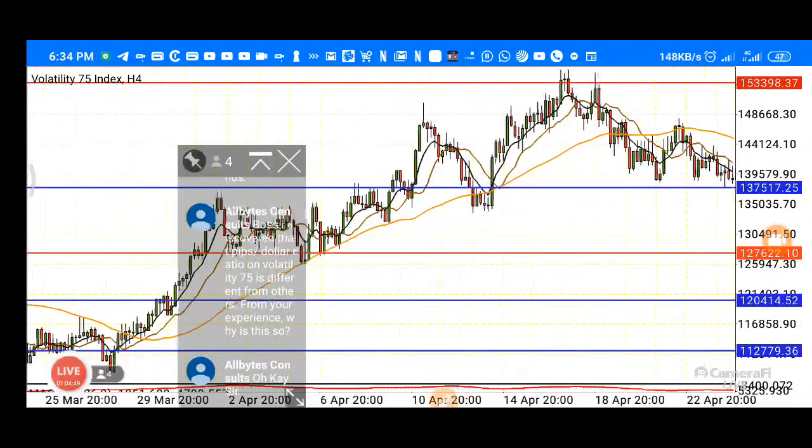Now this is a very good one. We had a test here and it bounced and also gave us a rejection candle. Do you see that? So let's assume you've entered for a buy here.